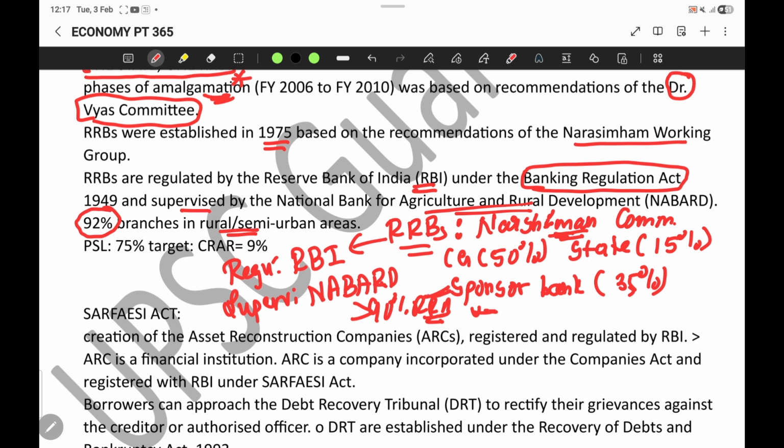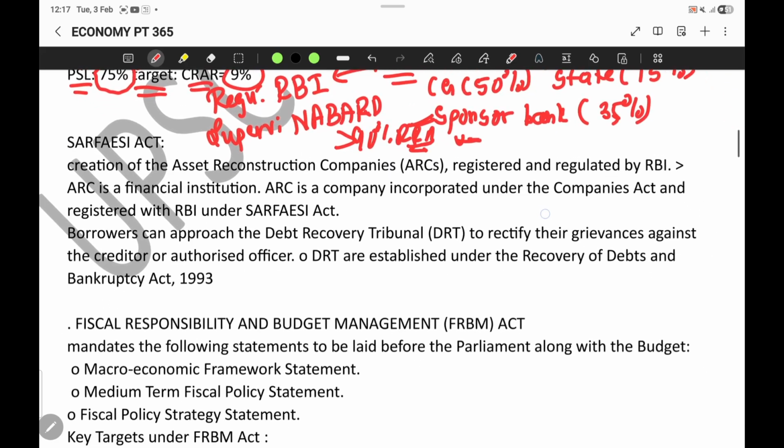Yes, the statement is correct. What is the PSL target? 75% target, the highest percentage target for RRBs. They have to mainly focus on priority sector lending. Then CRAR is 9%. PSL is important, and which committee made which recommendation is important. If you know these things, then RRB is an easy topic for you.